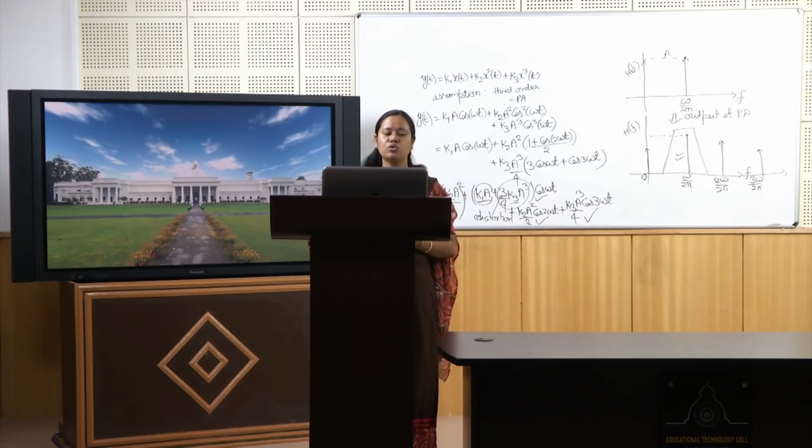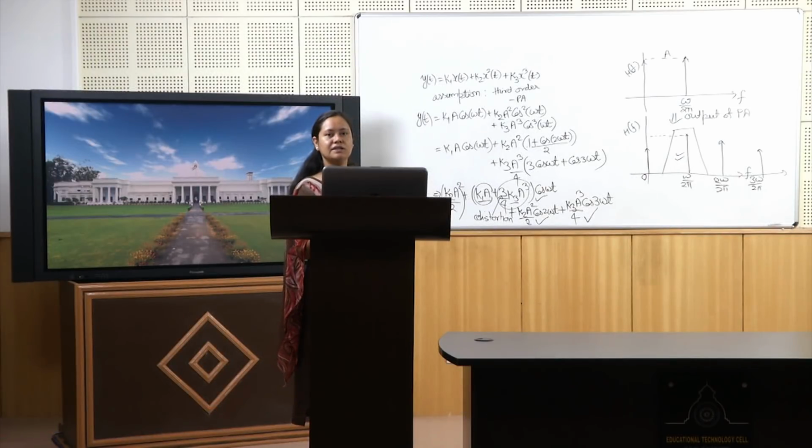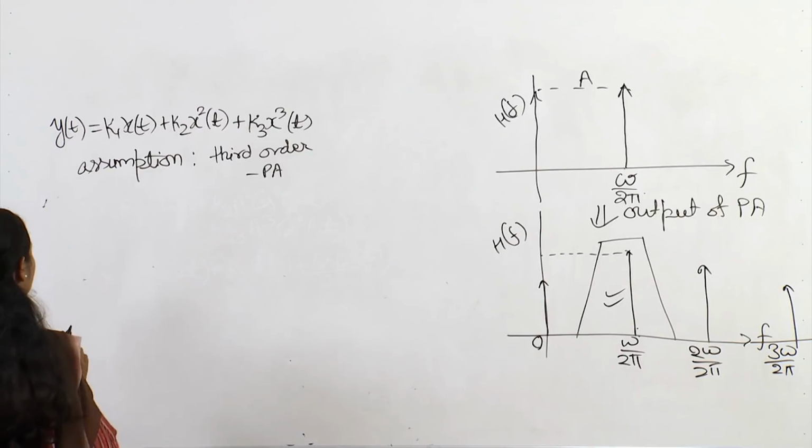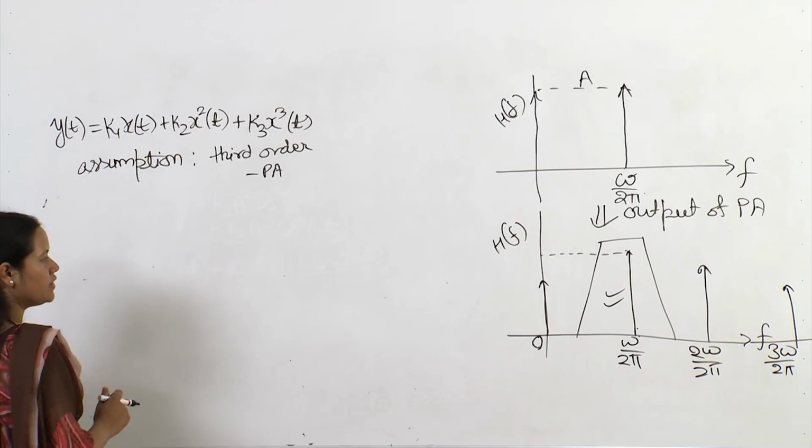Now we have two amplitudes, one is x1 and second is x2, and this is what we are representing here. 2 pi f1 we are representing as omega 1. So now, instead of this, we apply this two-tone signal here. When we apply this signal, we are still using this model of the third order.